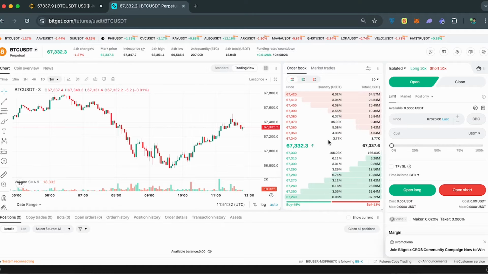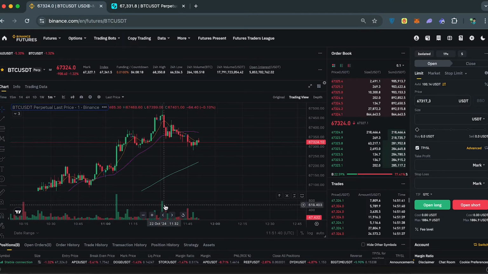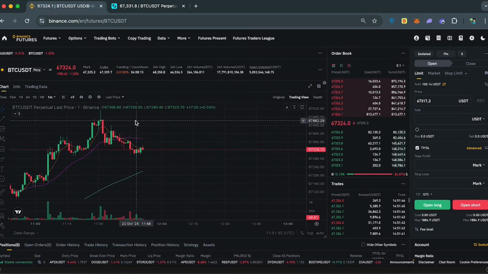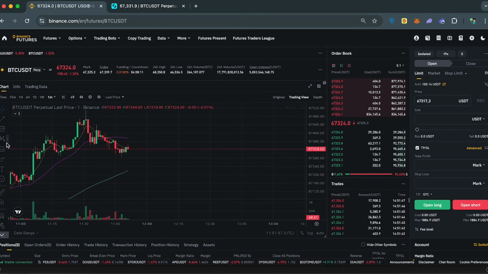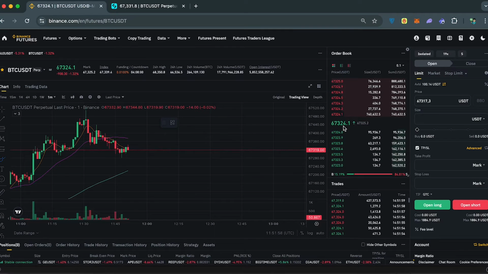When you trade some assets, you have to pay attention to liquidity. Why does liquidity matter? It's the volume and liquidity in general on that exchange, because, for example, we can get slippage. Let's say you have a lot of money and you want to buy BTC at 67,324.